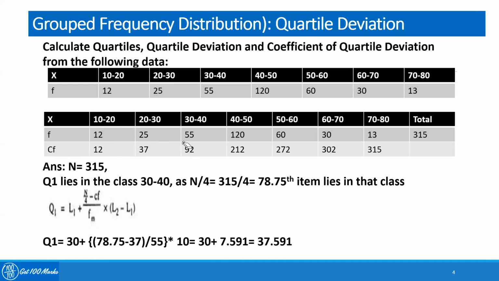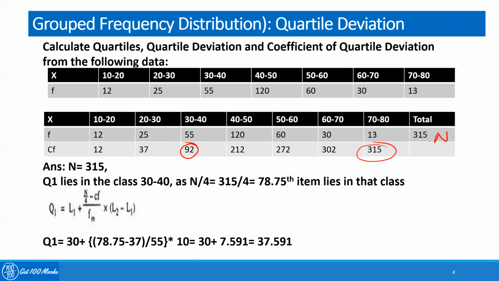Following the same procedure, the next one is 37 plus 55, which is 92. Then 92 plus 120, which is 212. Following the same procedure, the cumulative frequency for the class 70 to 80 is 315.